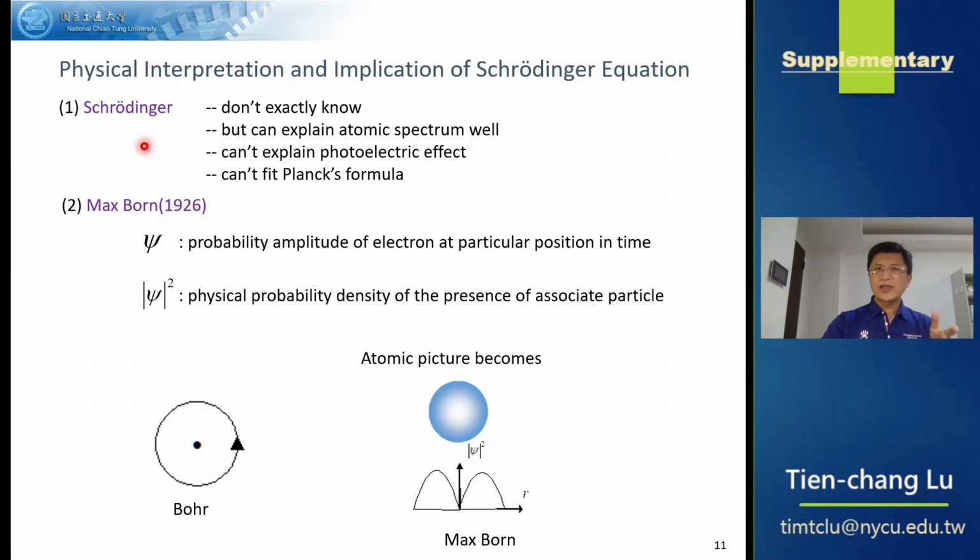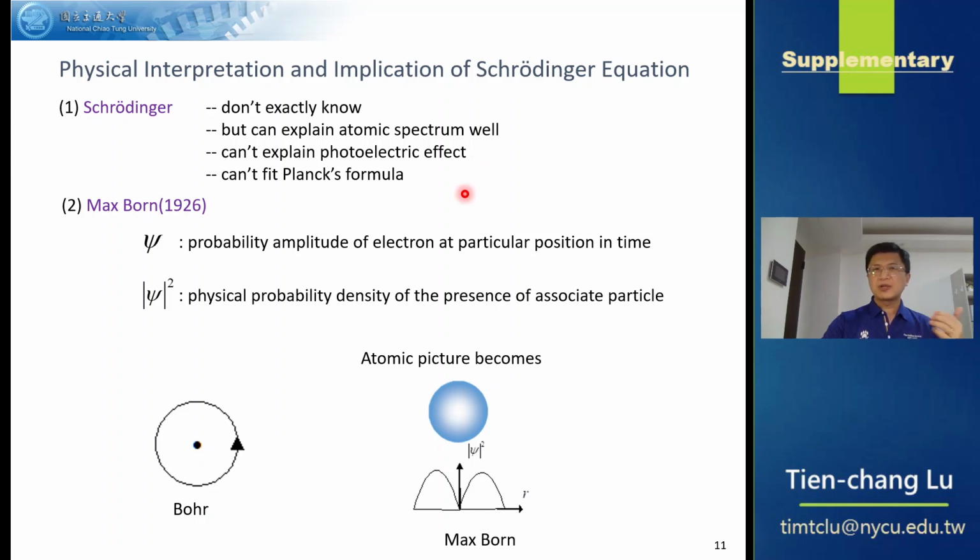He only knew that it can explain the atomic spectrum very well. But it cannot explain the photoelectric effect, which, as you may know, was explained by Einstein, also applying quantum mechanics.